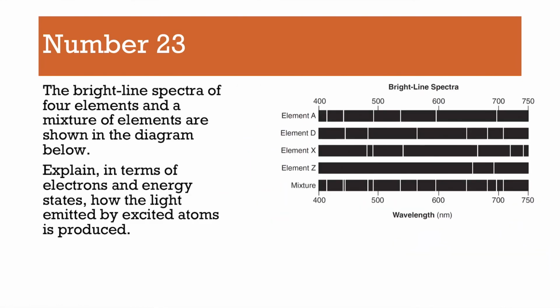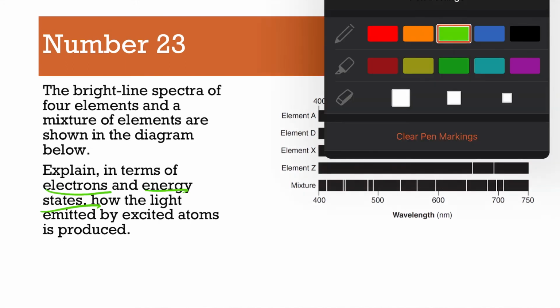Number 23 says the bright line spectra of 4 elements and the mixture of elements are shown in the diagram below. Explain in terms of electrons and energy states how light emitted by excited electrons is produced.